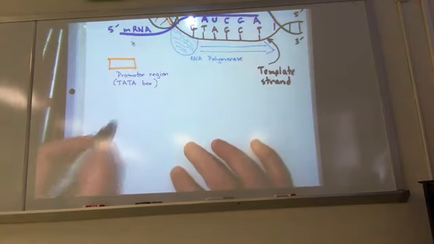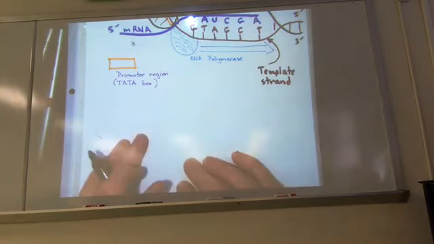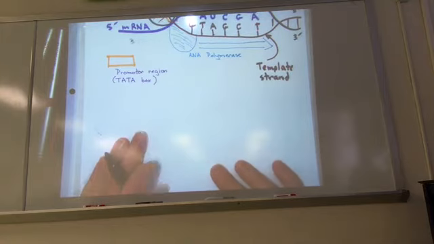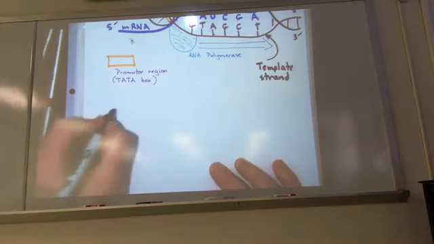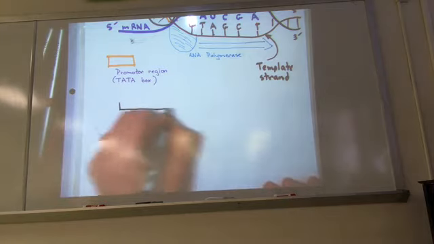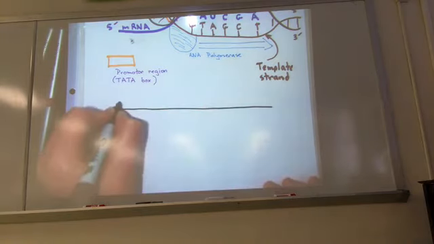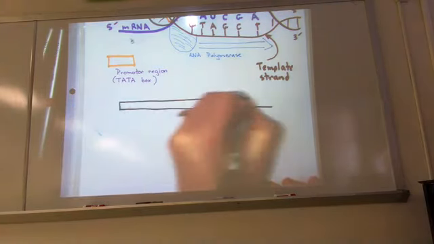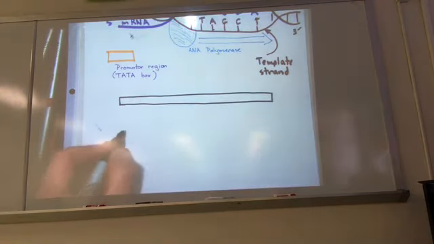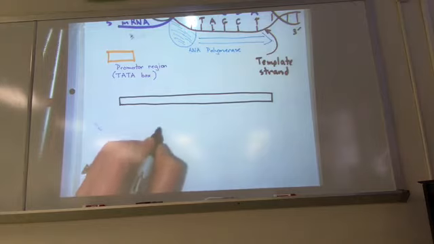All right. So what we're going to draw under here is what the mRNA looks like before and after processing, a representation of that. So just to space it out, I'm going to make a narrow rectangular representation of the mRNA before processing, and then I'm going to have another representation after processing.